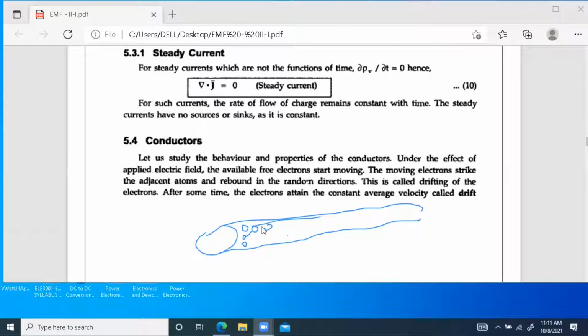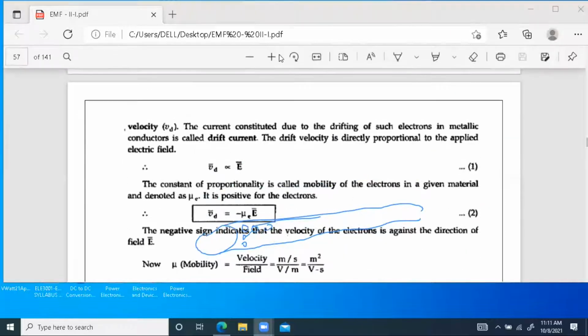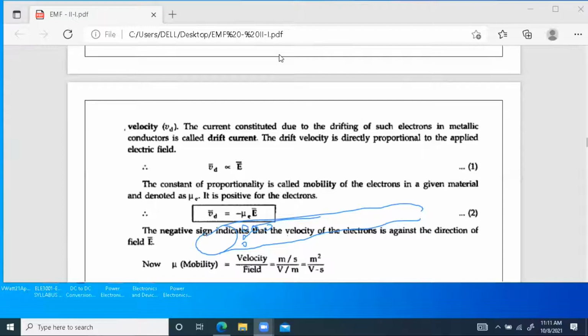After some time, the electrons attain a constant average velocity called drift velocity.